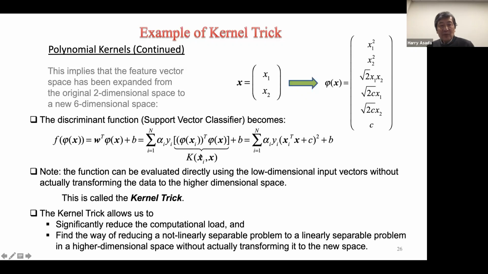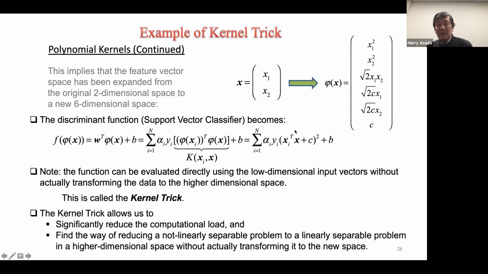So we replace it here with this kernel function, which makes the computation much simpler, because x is a 2-dimensional vector, remember? We just take the inner product of the 2-dimensional vectors, add this constant, and square the result.